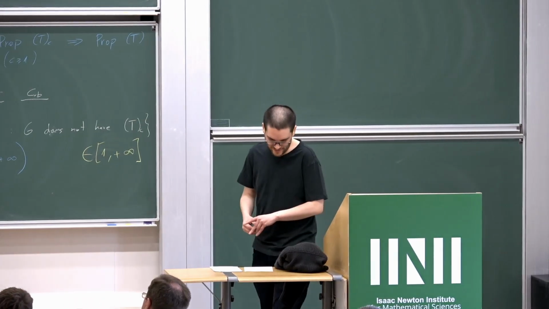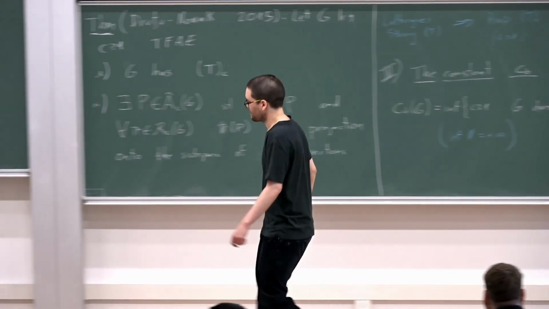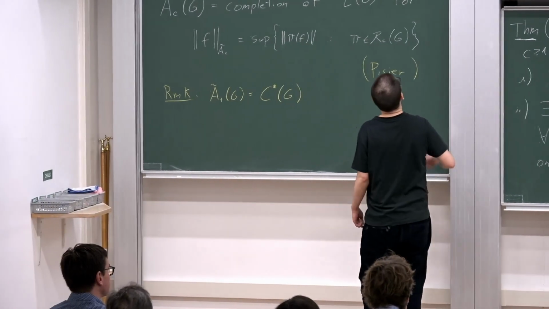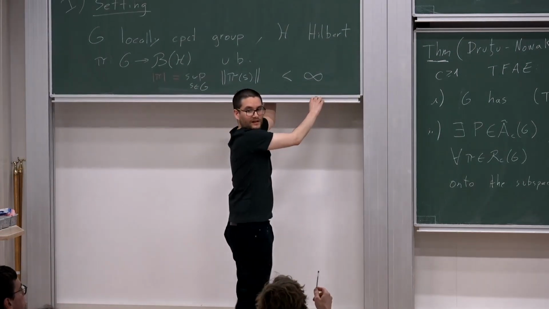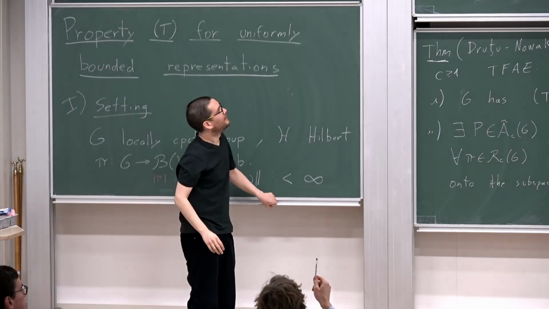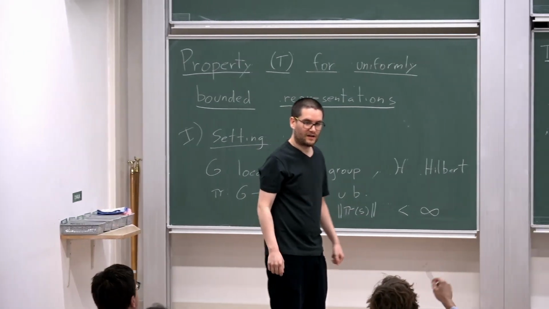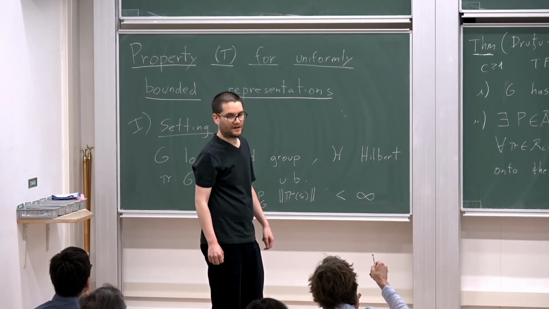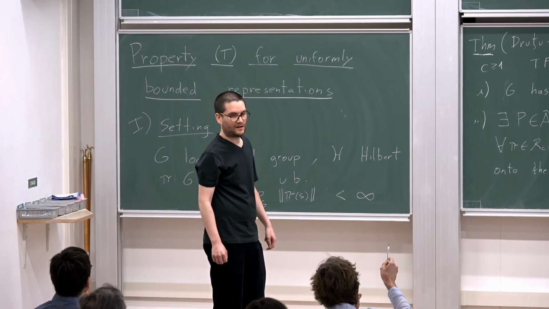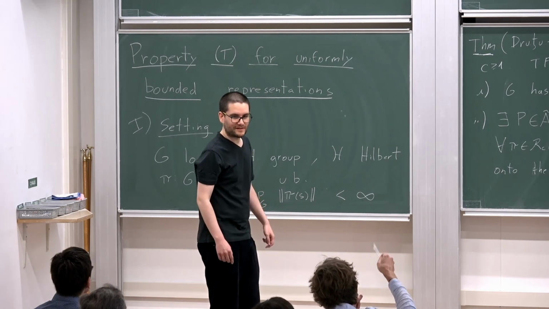Okay, so that's the definition of this constant, and it has some nice properties. Sorry, can I ask, reading the definition again, it seems to be quantifying for all and then there exists. Yeah, you swap the two quantifiers.